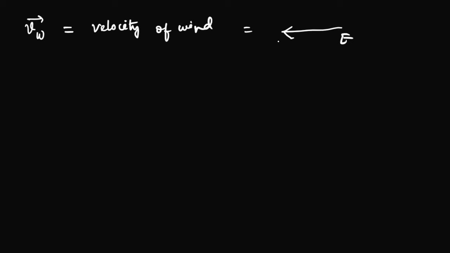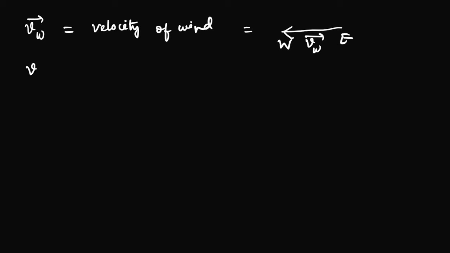Particularly in this problem, I will write VW as the velocity of wind. First I will note that the velocity of wind is flowing from east to west. So if this is east, this would be west, and the wind direction is like this. I can refer to it as VW, right?